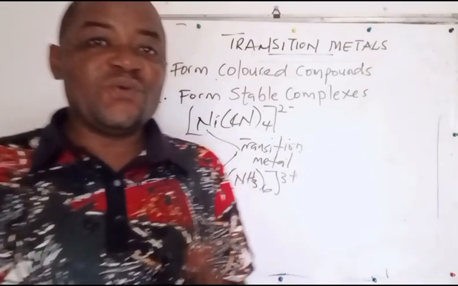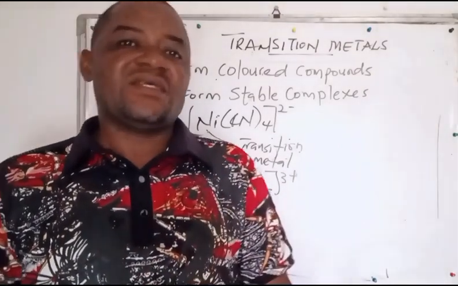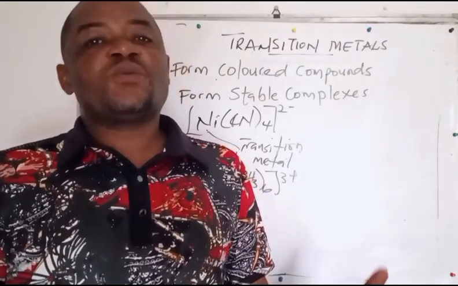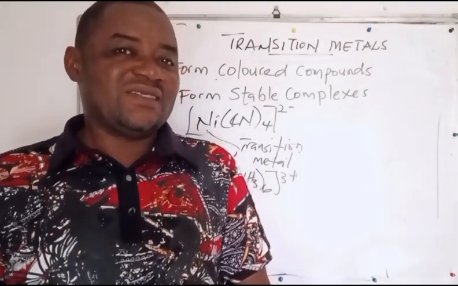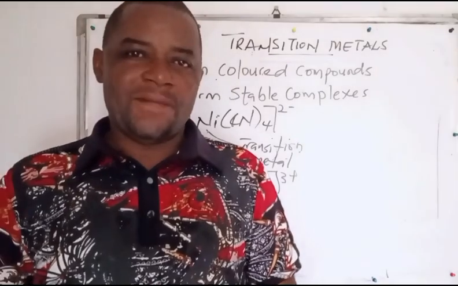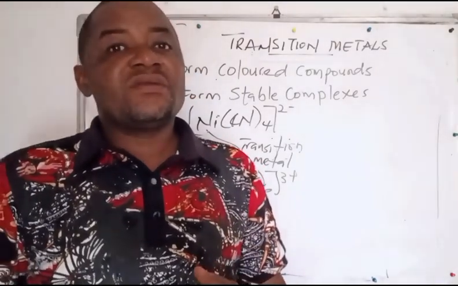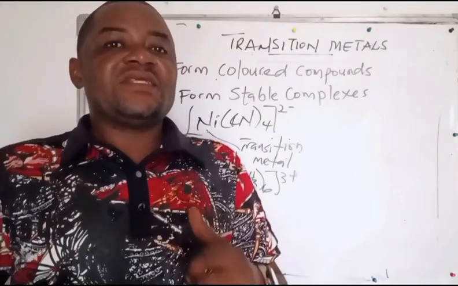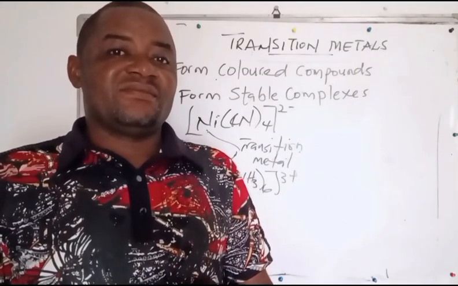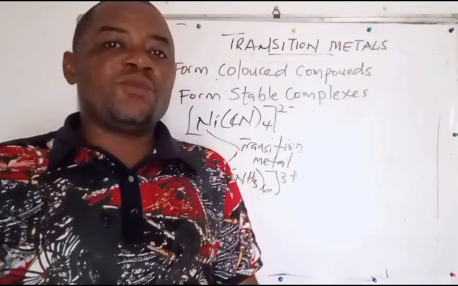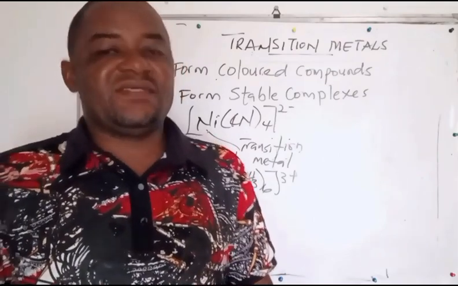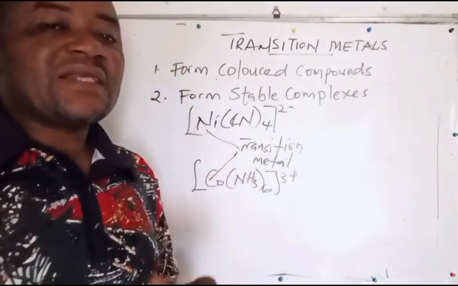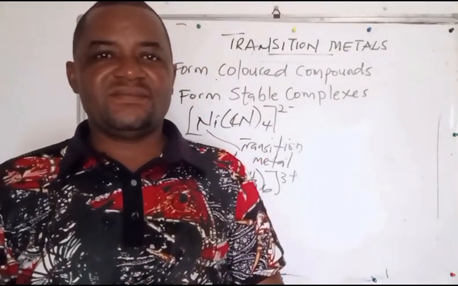Remember that myoglobin helps to transport oxygen from the lungs to the muscles. So the iron stands as a central metal ion, and it bonds itself to the oxygen. Because of that, it gives the blood stronger bonding and stability to transport oxygen. So that makes transition metals very, very important.